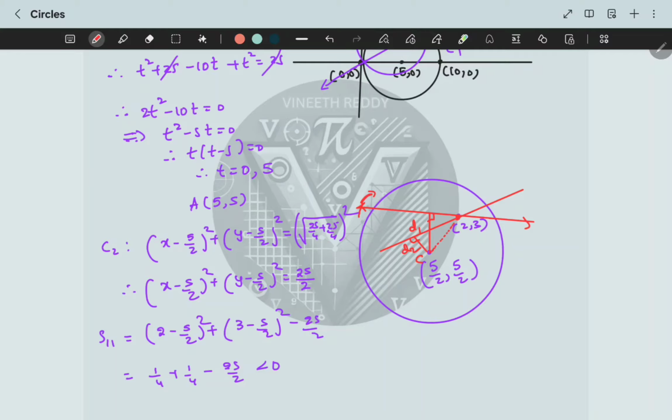If I join these two points, there will be one chord such that that chord will be perpendicular to the line joining these 2 points, and that chord will be the one which is farthest from this point.